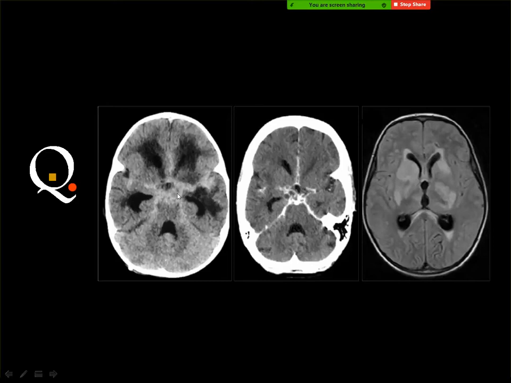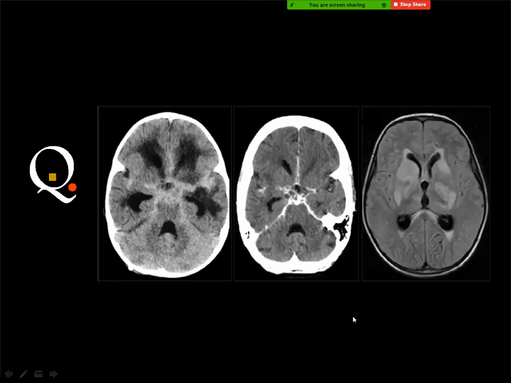This is without contrast, and this is post contrast, and this is MRI FLAIR image. Subarachnoid hemorrhage with hydrocephalus.